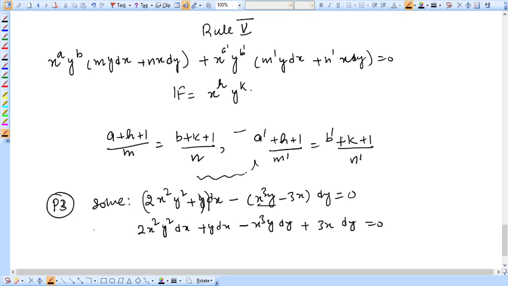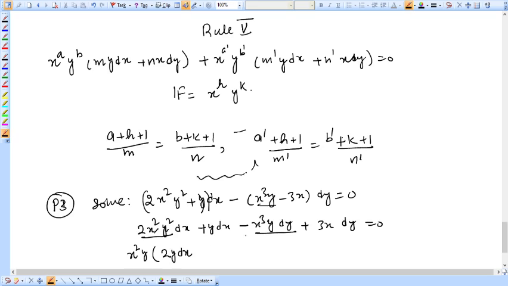From the first term and the third term I'm taking x² and y common. Whatever is left inside, x² has been taken common and y also has been taken common, so I'm left with 2 y dx.